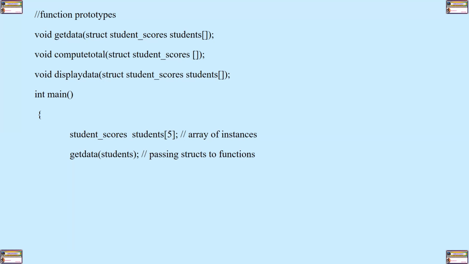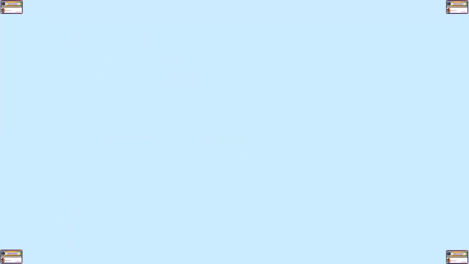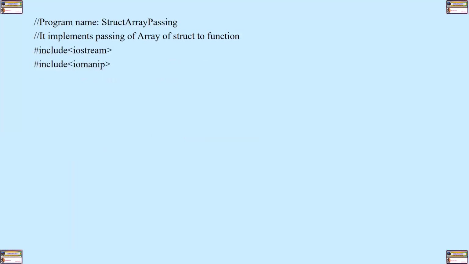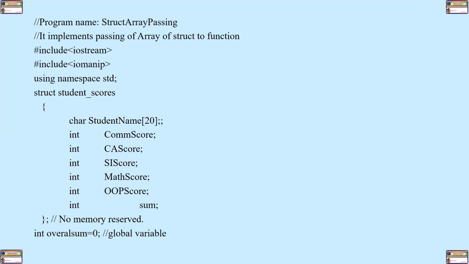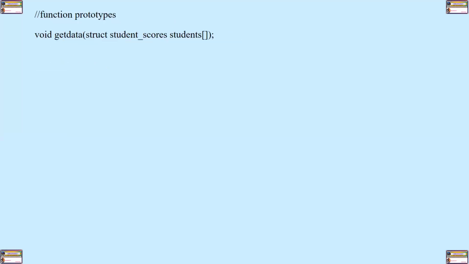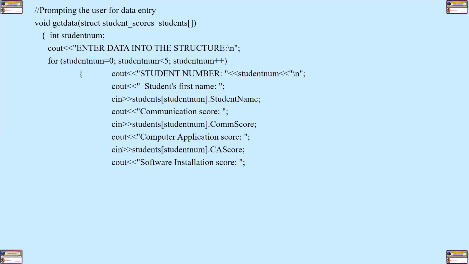Once getData is invoked and receives the structure variable students, the compiler will go to the function prototype and find out whether it is there. Here it is. It's supposed to receive that parameter and not return anything. So it will go and look for that function after main.